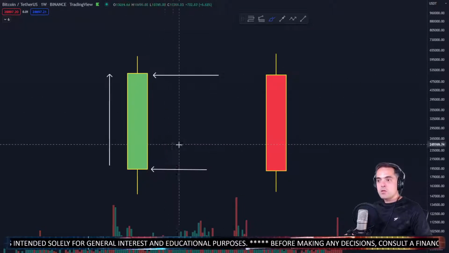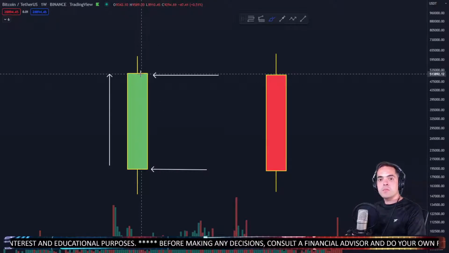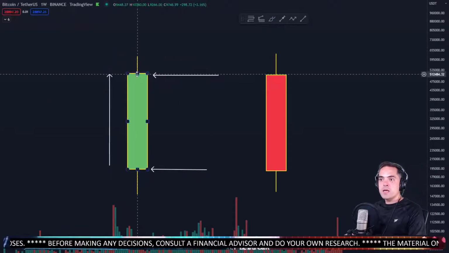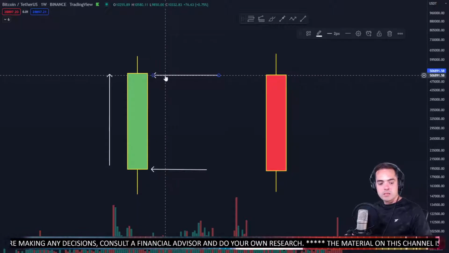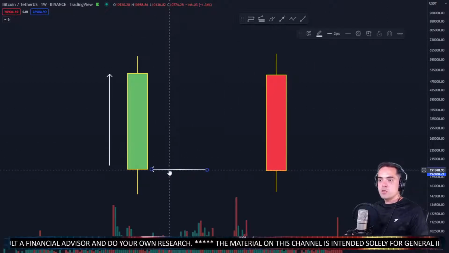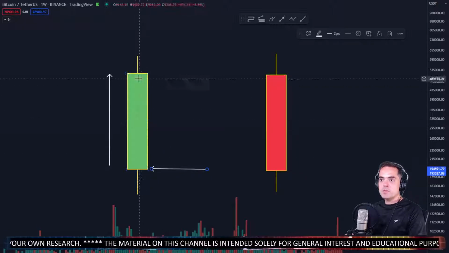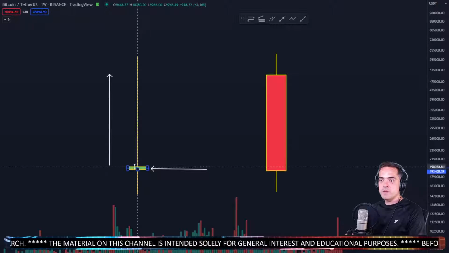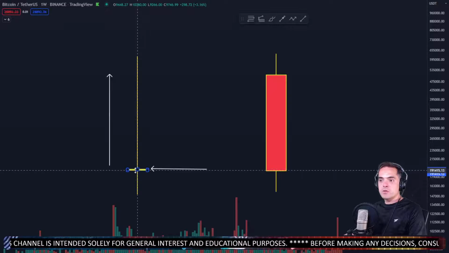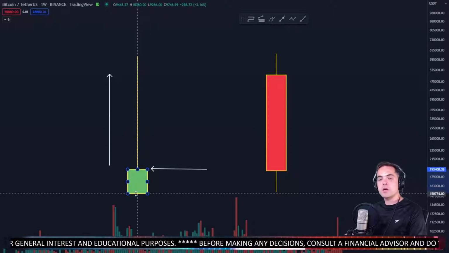All right, so the wicks represent the maximum or the minimum for that price in that time frame. So let me clean this. The market opened here and could have gone all the way down to the minimum price of, let's say we are talking about the daily chart.